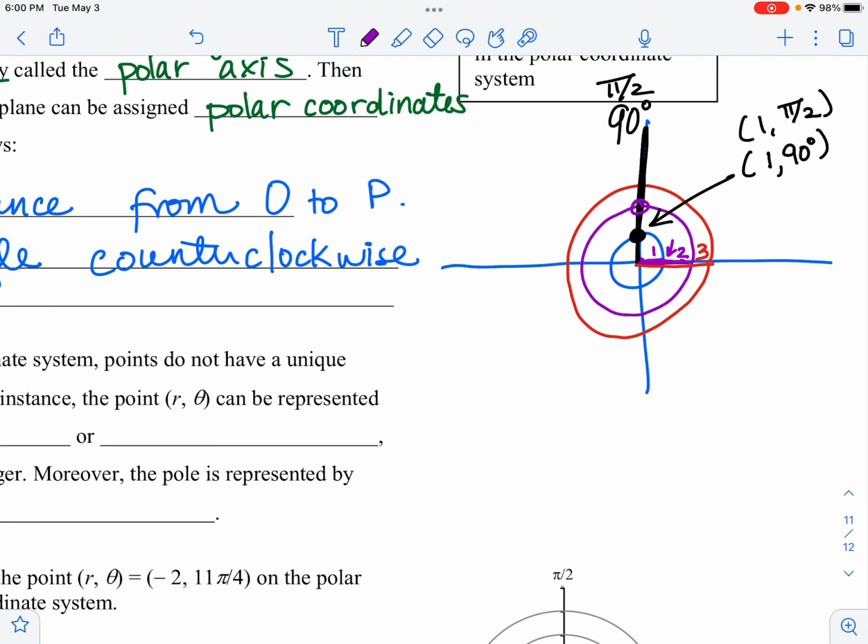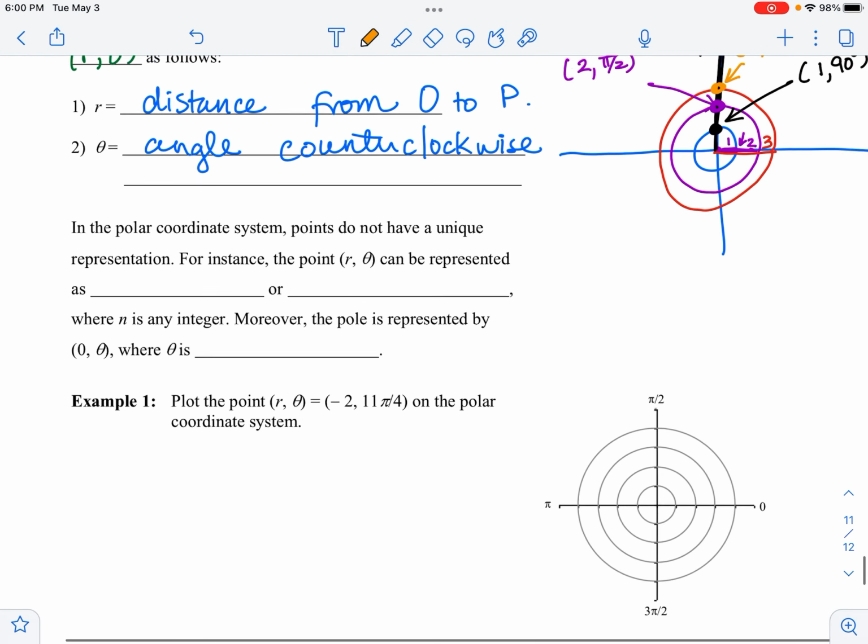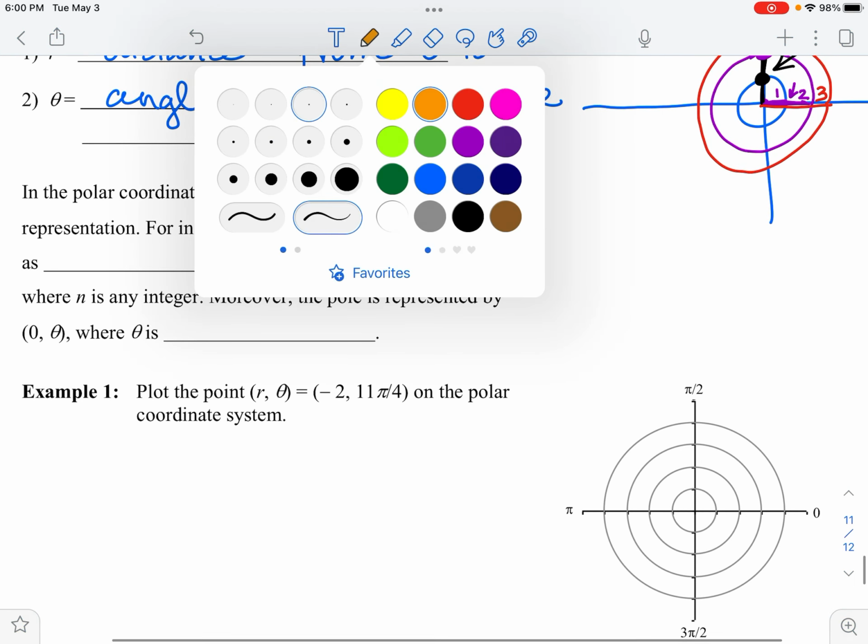If I wanted to find this point right here, we'd call this point r is 2, because it's a radius of 2 from the pole on that same angle, pi over 2. And then this last one here, we would call that r is 3 away from the pole, and it's along the ray of pi over 2. So we can use this idea to describe where it is on the grid or on the polar coordinate system.